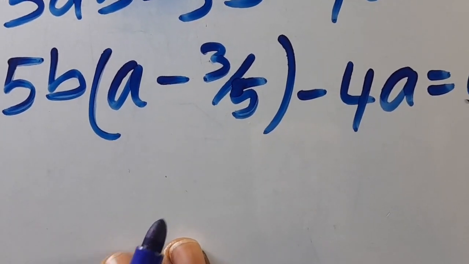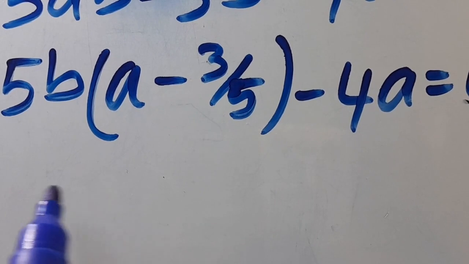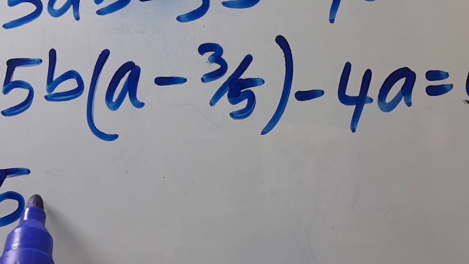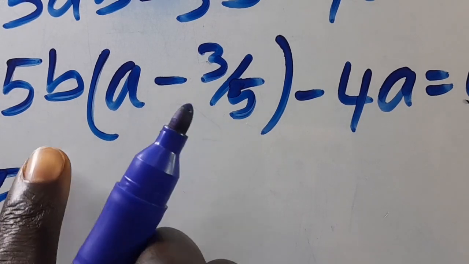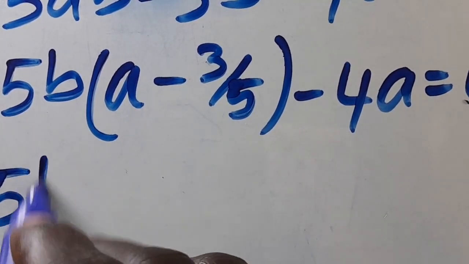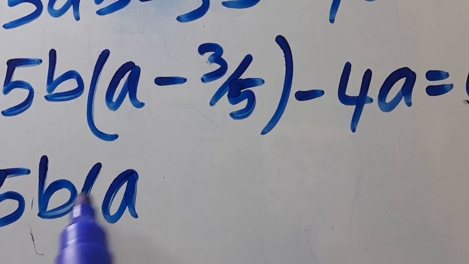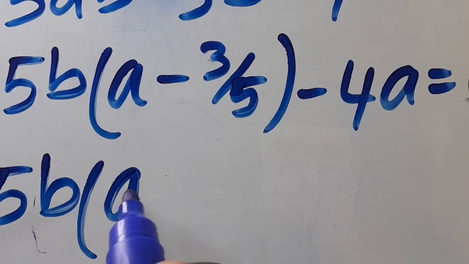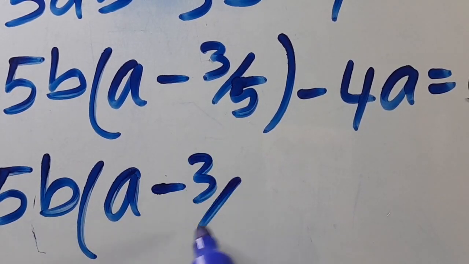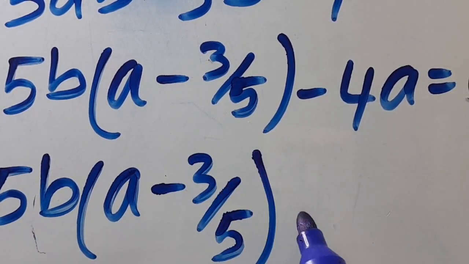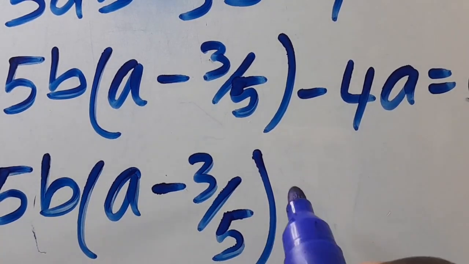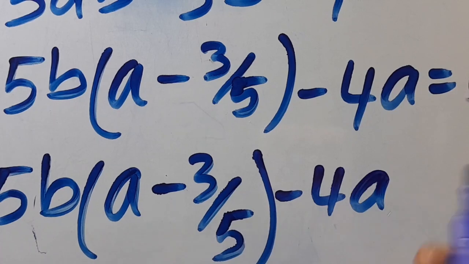From here, we have 5b, then multiply by a, 5b into bracket of a minus 3 divided by 5. So, from here we have minus 4a.